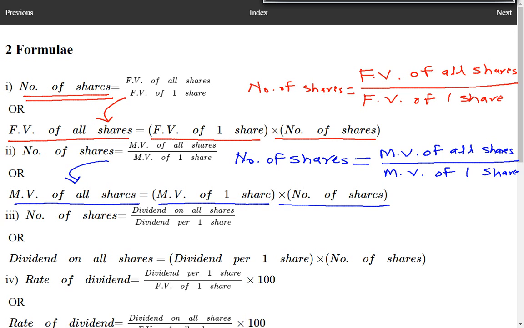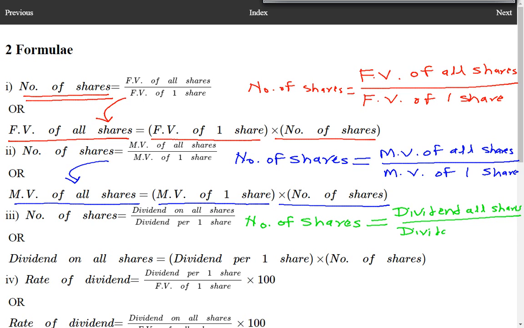Finally, let us see number of shares in terms of dividend. So number of shares is equal to dividend on all shares, which is called total dividend, divided by dividend per one share.